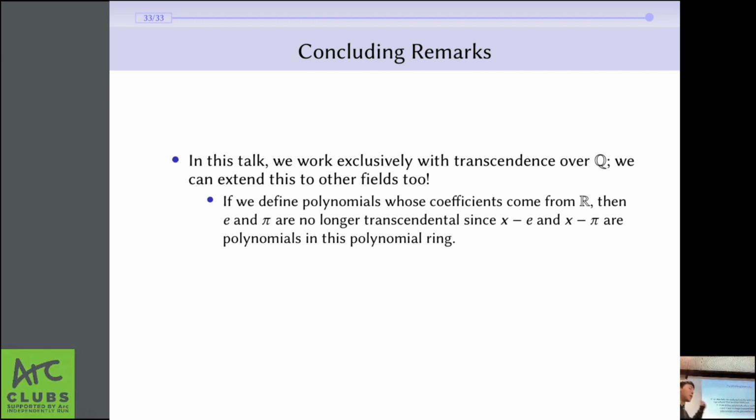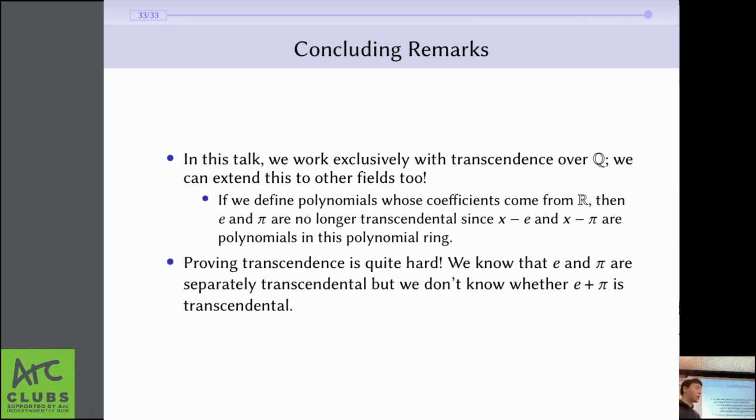So it turns out that talking about transcendental numbers is really a matter of over which field we're working with. And if we're working over Q, that's probably the most interesting aspect of transcendental numbers. But you can obviously talk about transcendental numbers over R, over C, over some other intermediate field as well.